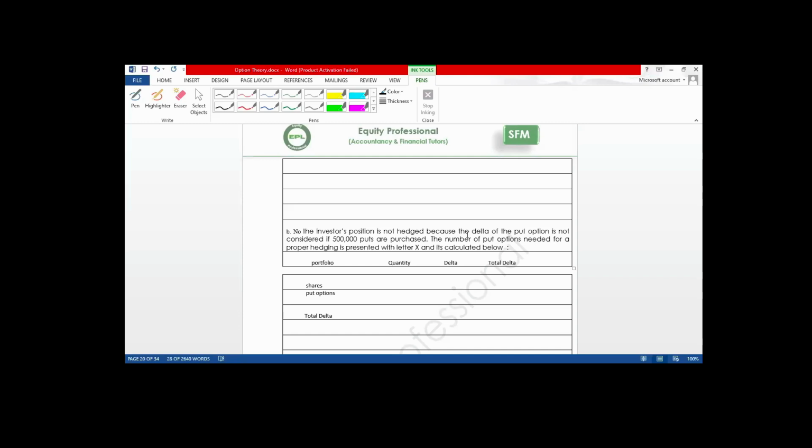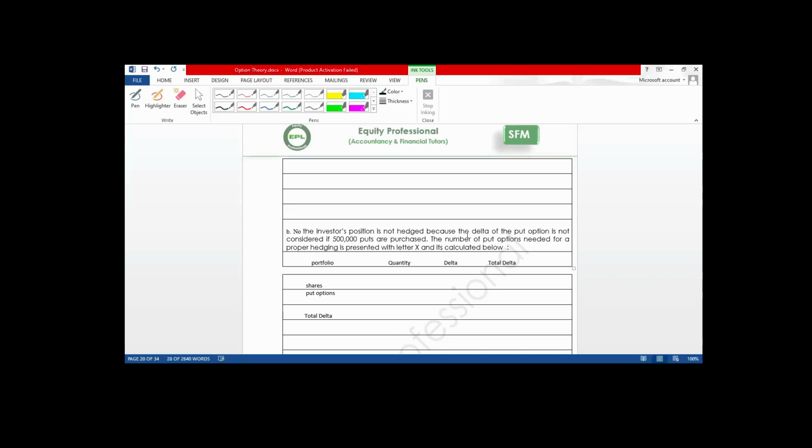We are going to represent the number of put options needed with letter X. You now create a portfolio.